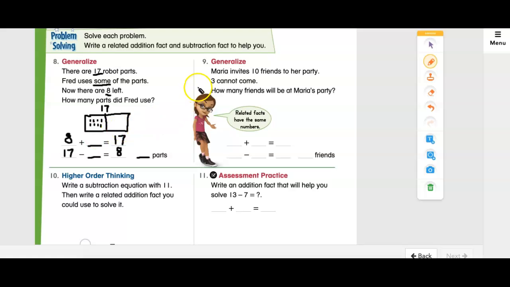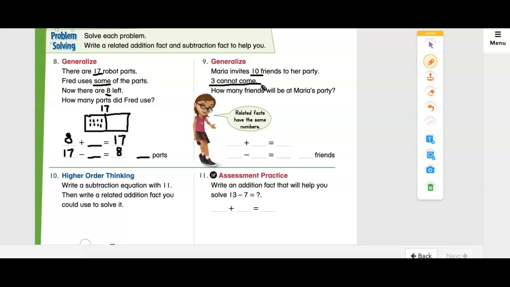Number 9 says, Maria invites 10 friends to her party. 3 cannot come. How many friends will be at Maria's party? So it tells us she invites 10 friends and 3 cannot come to the party.